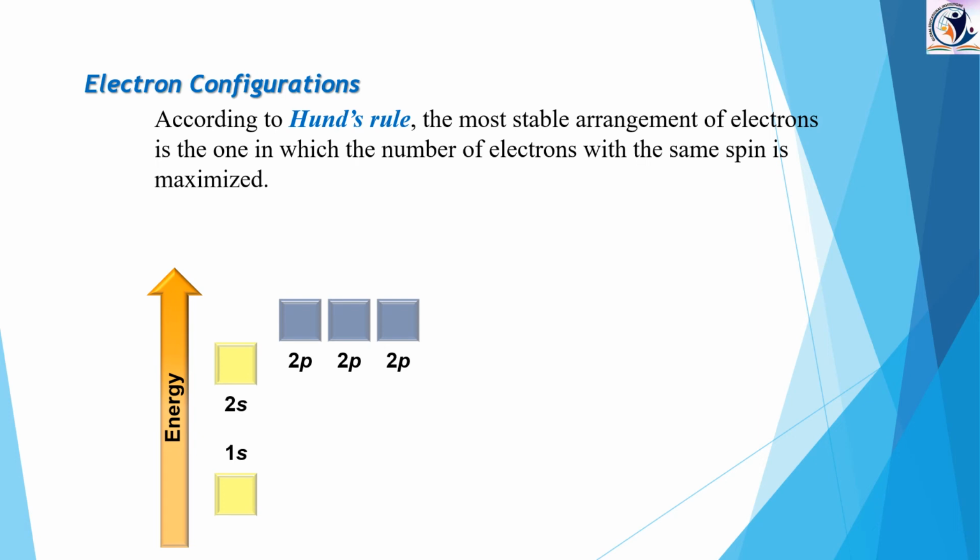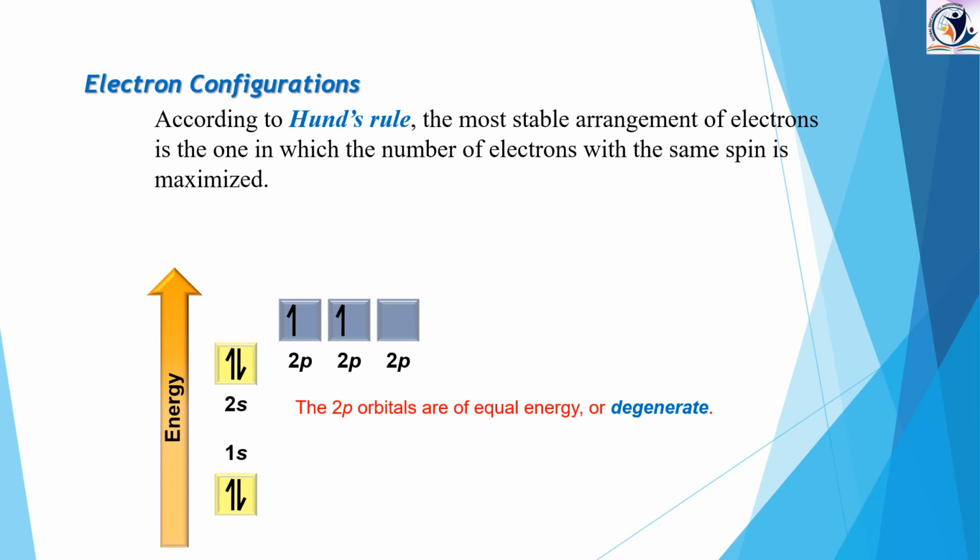Hund's rule. According to Hund's rule, the most stable arrangement of electrons is the one in which the number of electrons with the same spin is maximized. What does it mean? If you see this example, you can understand what the statement is going to tell us. See, 1, 2, 3, 4, 5, 6. The 2p orbitals have equal energy, that is, these are the degenerate orbitals.